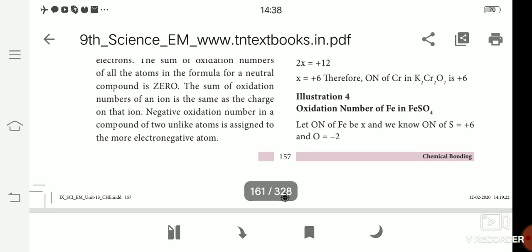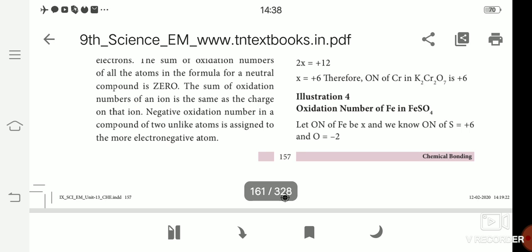The sulfur oxidation state is plus 6, as in the second problem, and oxygen is minus 2.